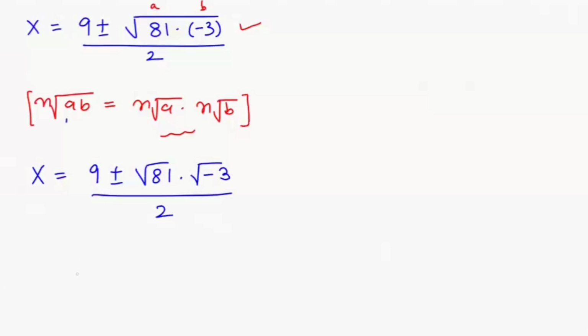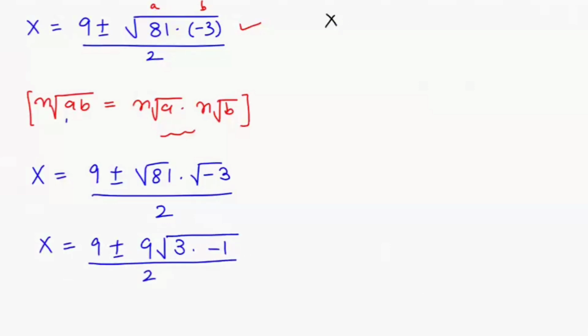So this will turn to x equals 9 plus or minus root of 81, which is 9, and now I'm going to separate this negative sign from this 3. So I'm going to write 3 times negative 1 over 2. And this I'm going to write as 9 plus or minus 9 root of 3 times root of negative 1 over 2.